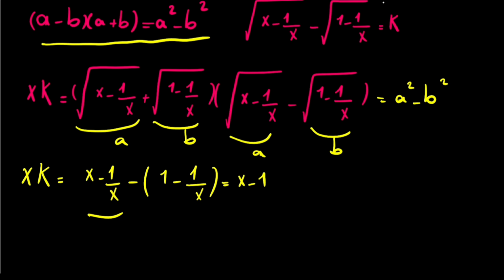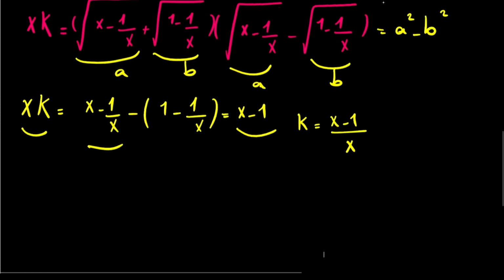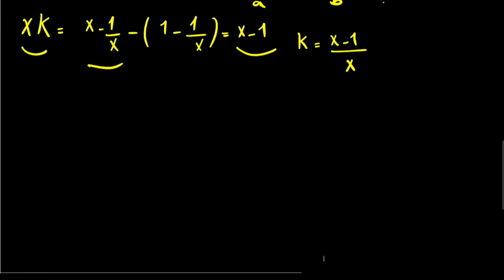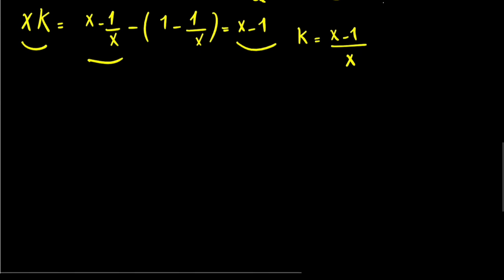So if you look at this equation, x times k equals x minus 1. So it means k will be equal to (x minus 1)/x. And you know that x and k, you had them.